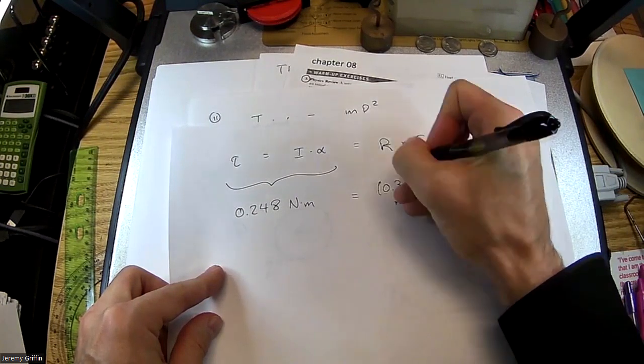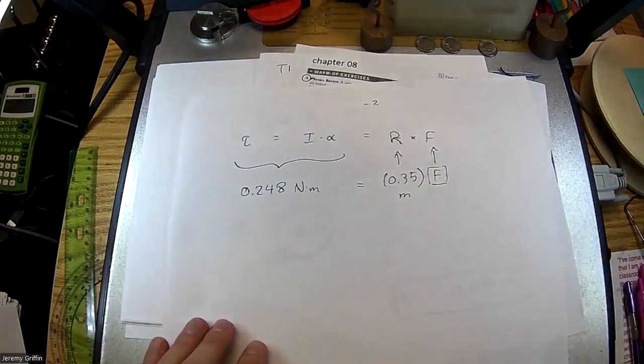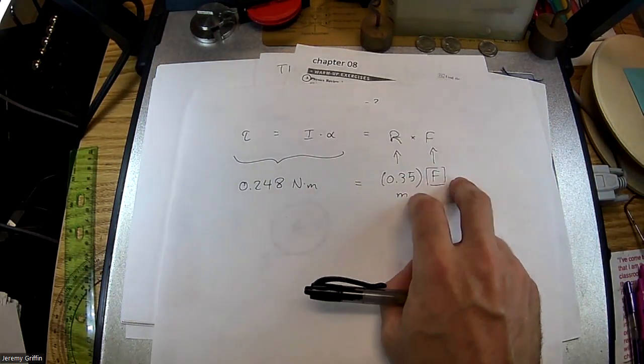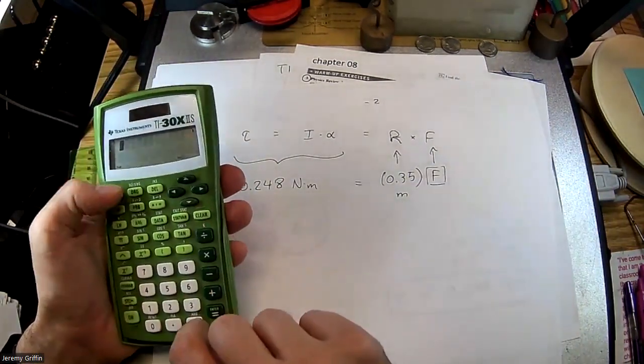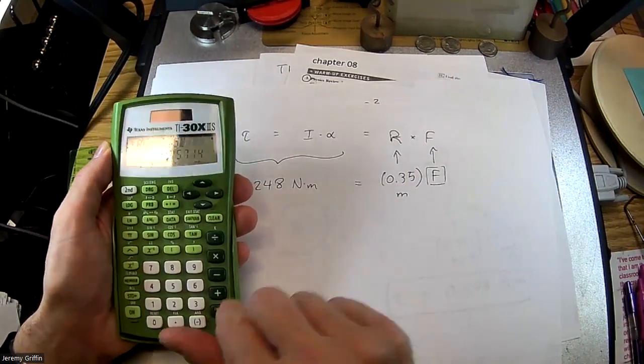Now we can solve for what force it would result in. Oh, hey, look, Newton meters equals newtons times meters. There we go. So just divide this over. Divide by 0.35.